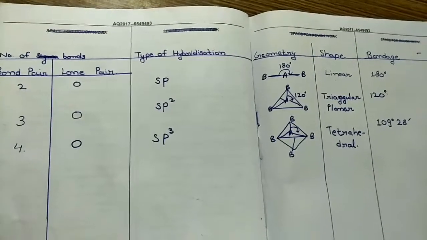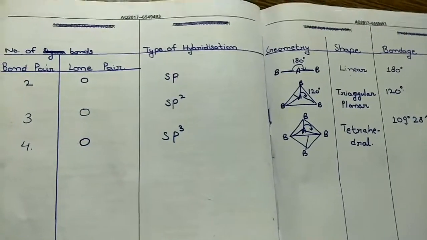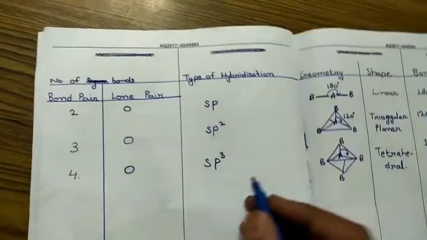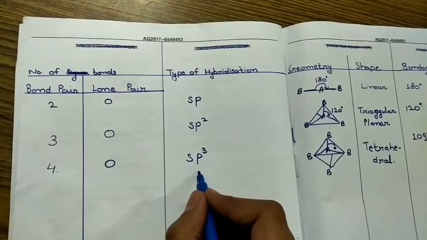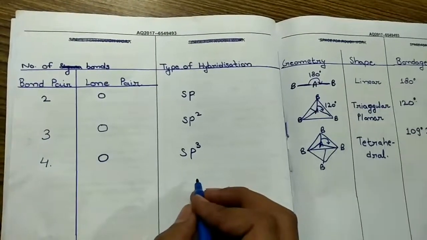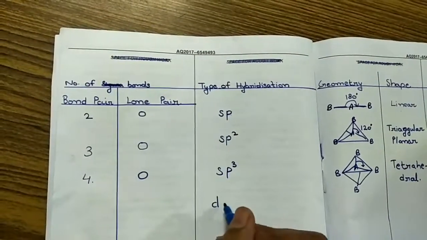Let's just have a recap. In this case we have two things. First, I have shown you the sp3 hybridization, and another one is dsp2 hybridization.